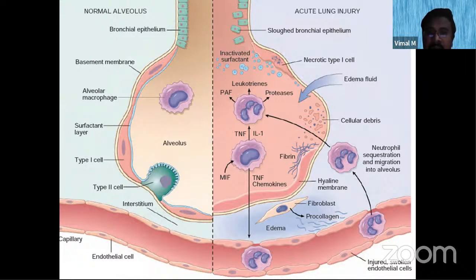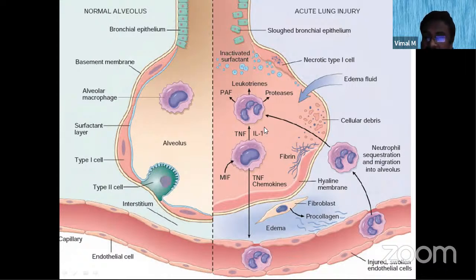So your body, the neutrophils will sense there is some injury going on there. So neutrophils come into the picture, and they will elaborate chemical mediators like platelet activating factor, leukotrienes, or proteases. All these things will be elaborated by neutrophils, which come from the blood circulation.